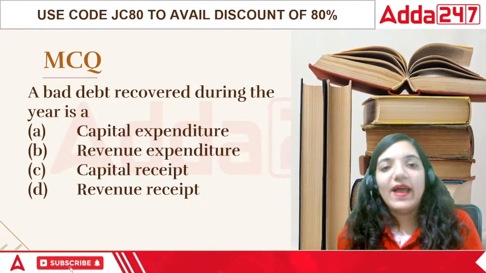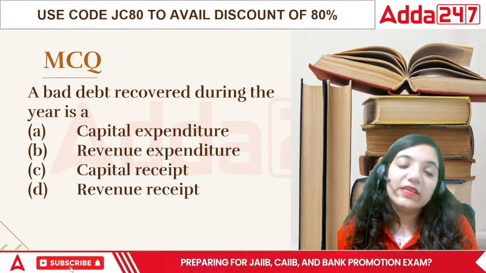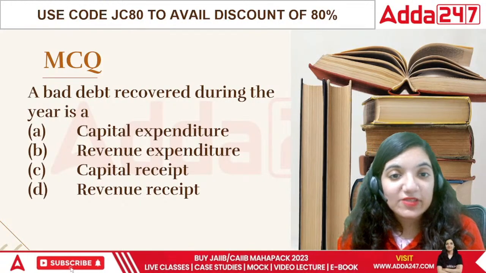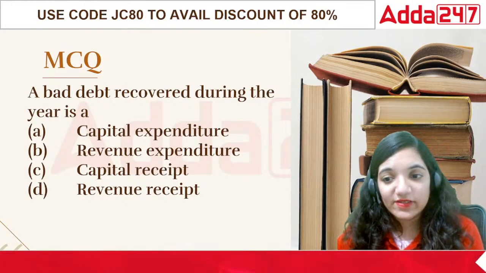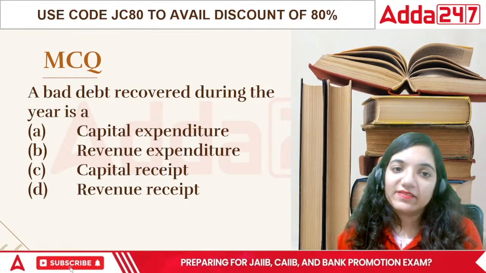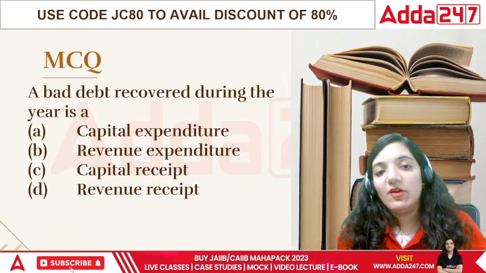Next point, a bad debt recovered during the year is. We just talked about bad debt in the beginning. Is it a capital expenditure, a revenue expenditure, a capital receipt or a revenue receipt? How do we define it, everyone?